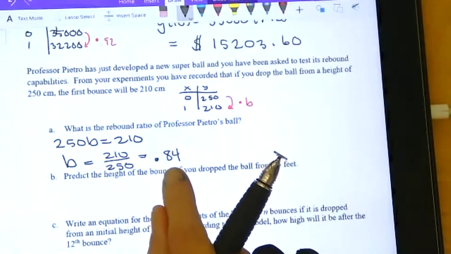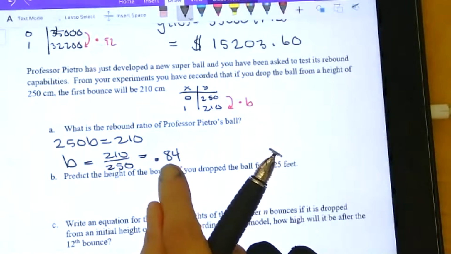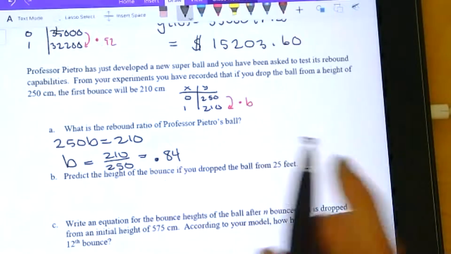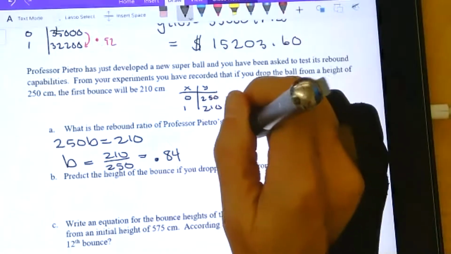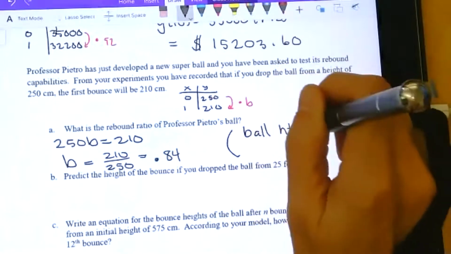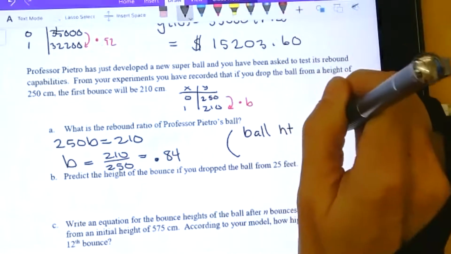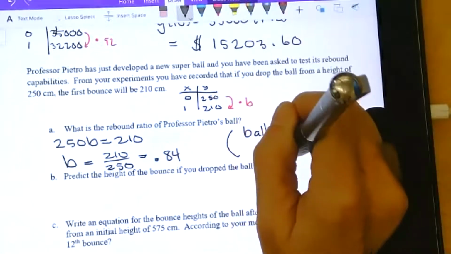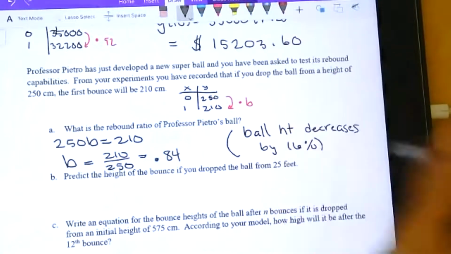This also means the ball bounces 84% of the way back up. Or I could also say the ball height decreases by 16%. Okay.